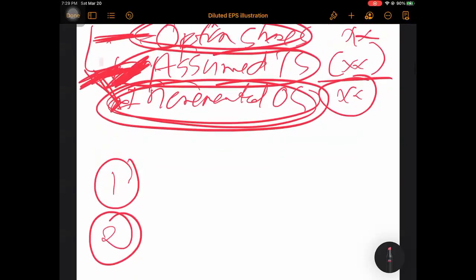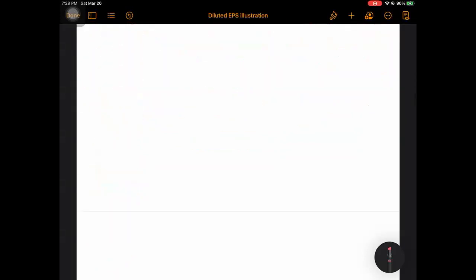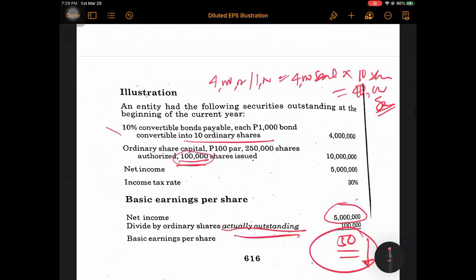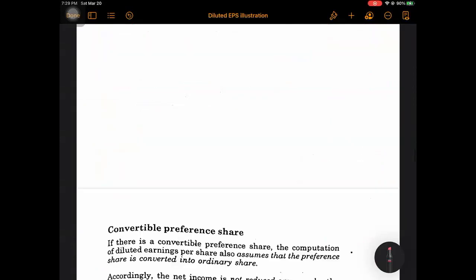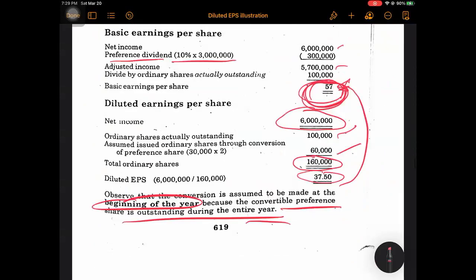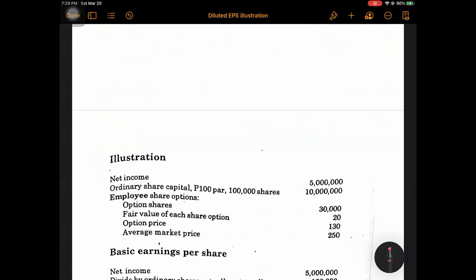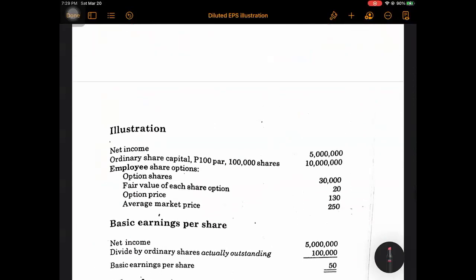And last, i-minus lang nato ning duha. So let's proceed with the illustration para mas clear ang pag-apply sa procedure. Dire na tayo sa different scenarios. Okay, so this is the illustration.